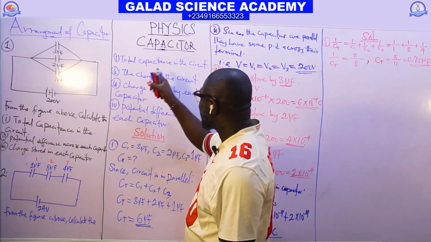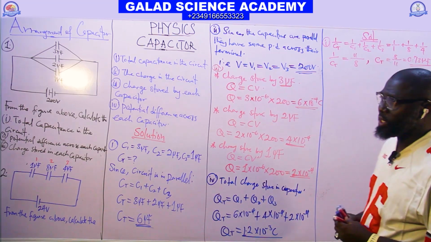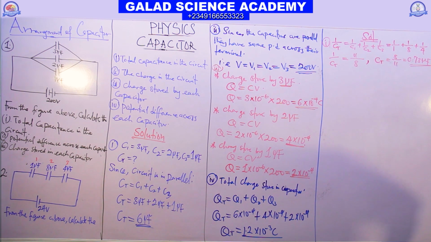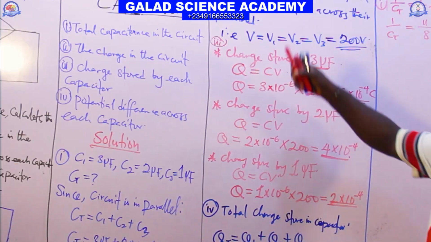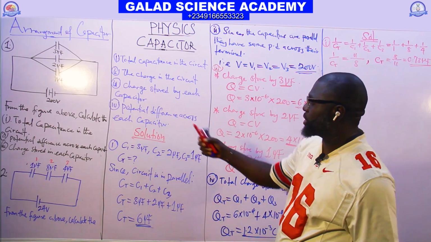The next one, the charge in each circuit. If you know that it's in series, then the same charge is passed through the circuit. So the charge in the circuit, then the charge stored by each capacitor.